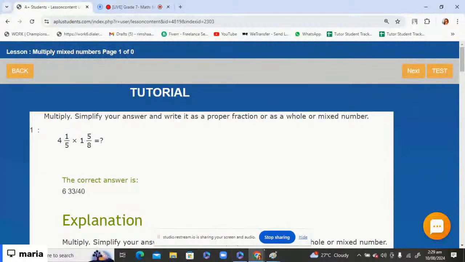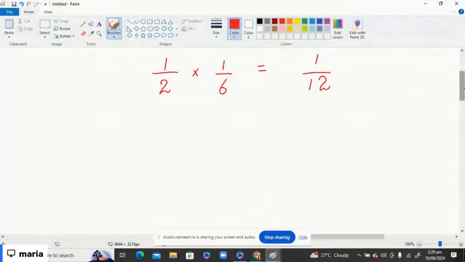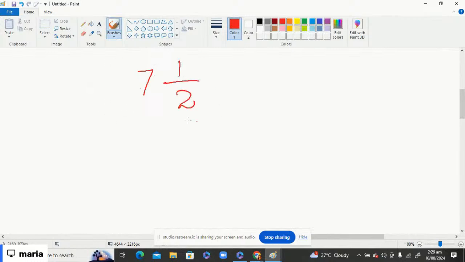First of all, let me tell you what mixed numbers are. Numbers in the form of a whole number combined with a proper or improper fraction are mixed numbers. For example, 7 is a whole number and 1 by 2 is a proper fraction. Combined, this is a mixed fraction.